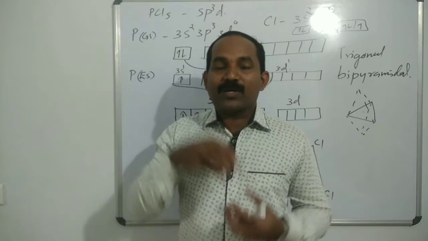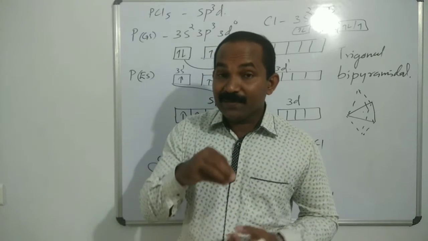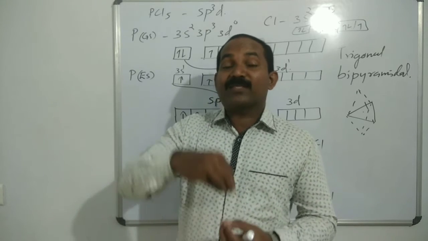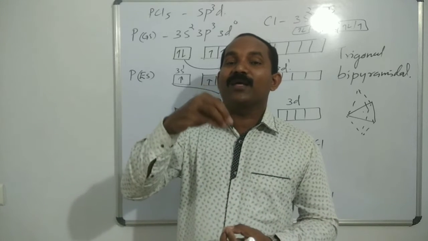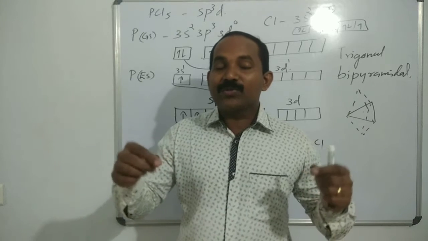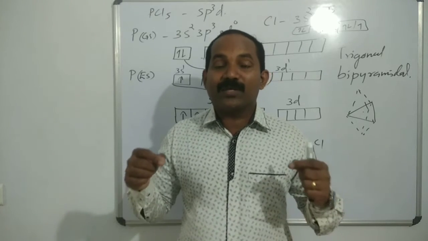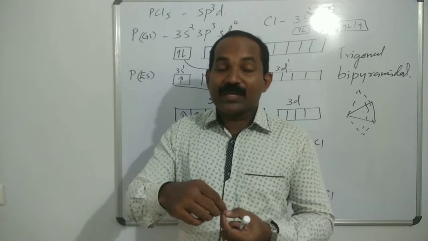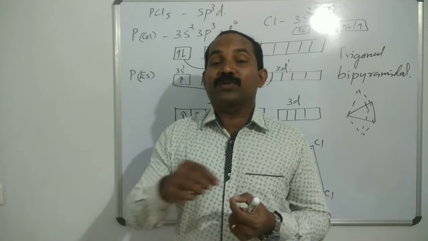The equatorial chlorine atoms repel the axial chlorine atoms. So the axial bond is longer than the equatorial bond. Due to the repulsion of the 3 equatorial chlorine atoms, the axial bond is elongated. The length of the axial bond is more than the length of the equatorial bond.